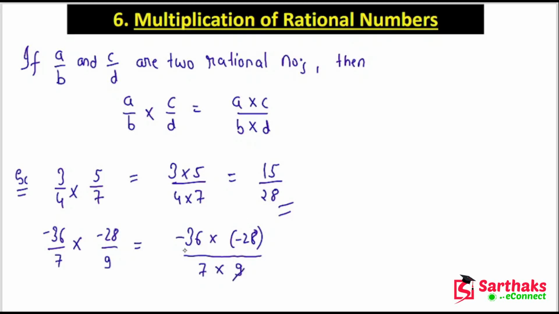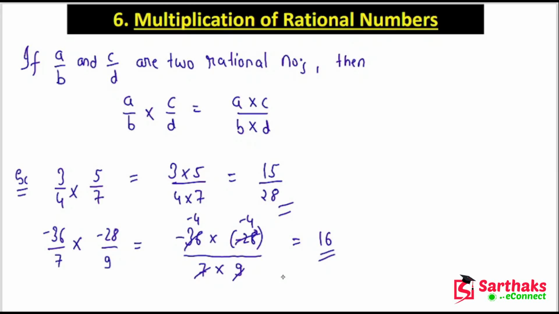So you can cancel out minus 36 by 4 times, because 9 into 4 is 36. You can also cancel out minus 28 by 4 times, as 7 into 4 equals to 28, and you will get plus 16 as the final answer. So this is how you can cancel out the common factors during multiplication, which makes the question easier. I hope it is clear.